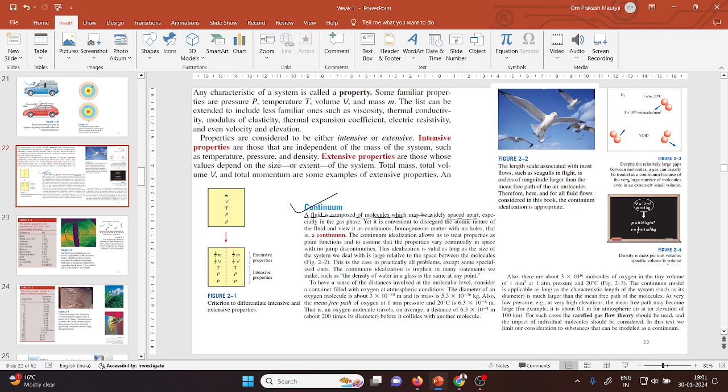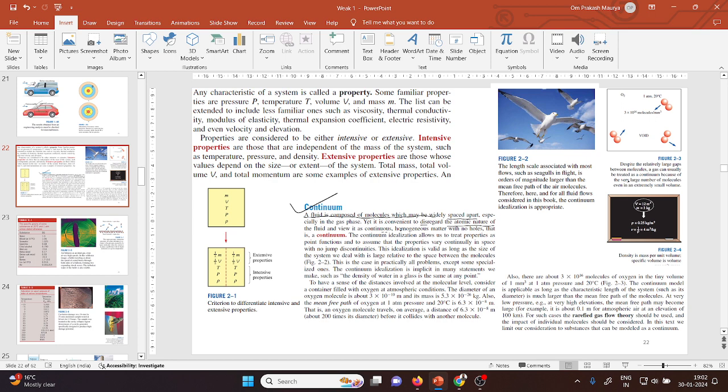I think in the first, second or third slide I have shown you the difference, the distance between the particles in a liquid or in a gas. So here it is written: it is convenient to disregard the atomic nature of the fluid and view it as continuous.